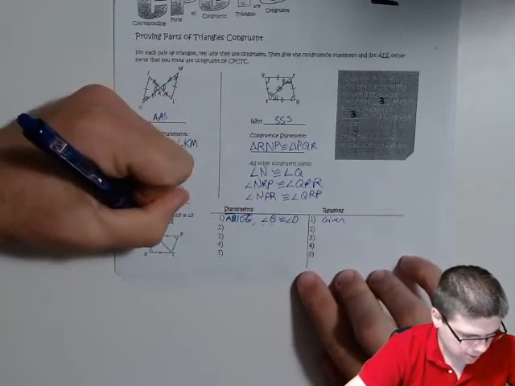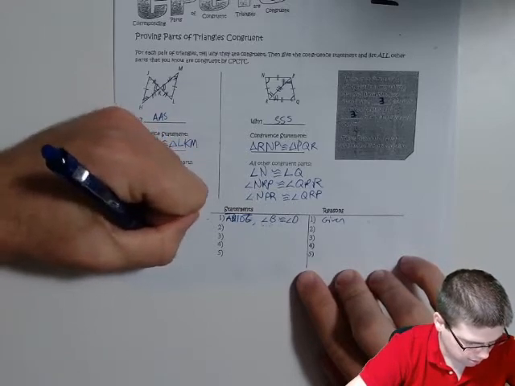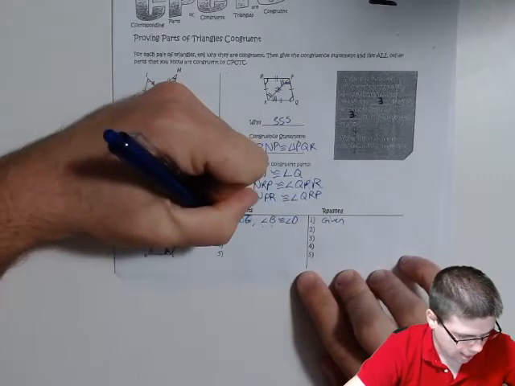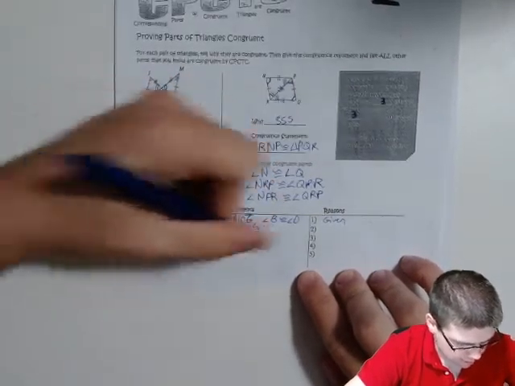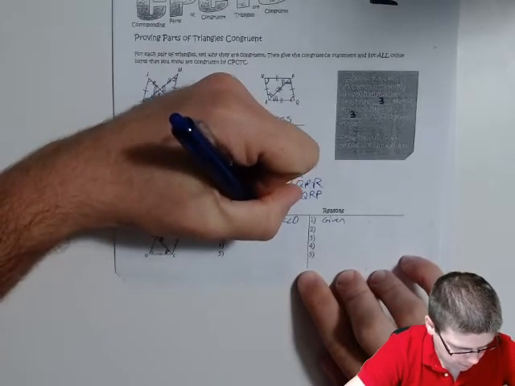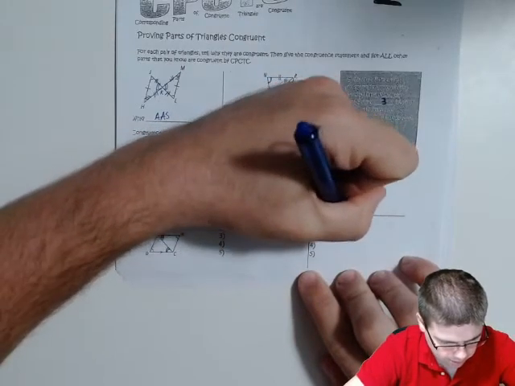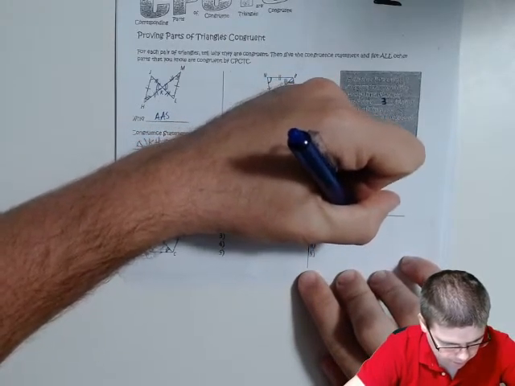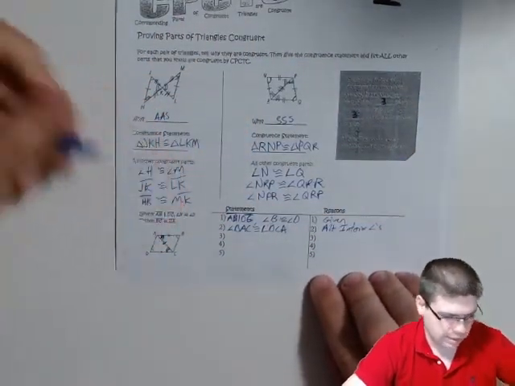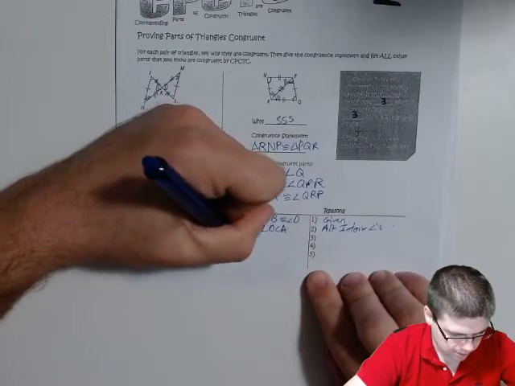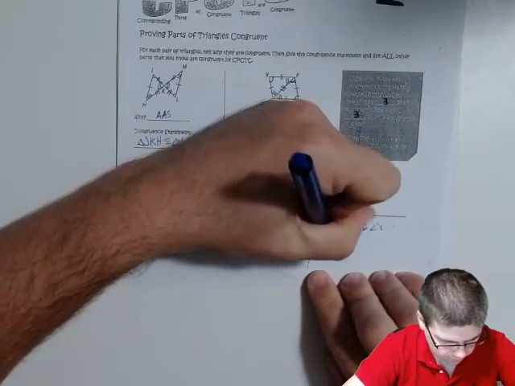We know that this angle here would be congruent to that angle there, so angle BAC is congruent to angle DCA, and that's alternate interior angles. And then we know that AC is congruent to itself. Segment AC is congruent to segment AC, so that's the reflexive property.